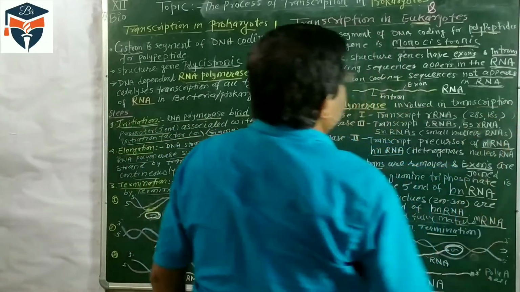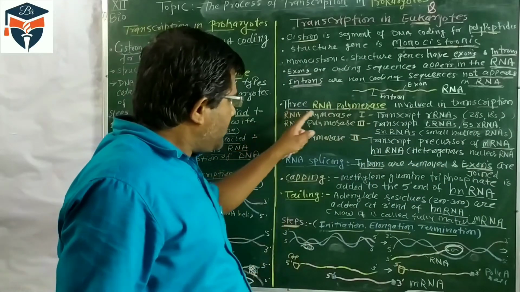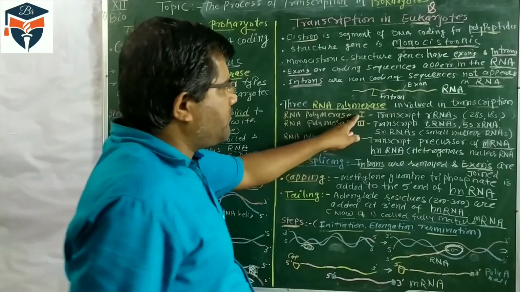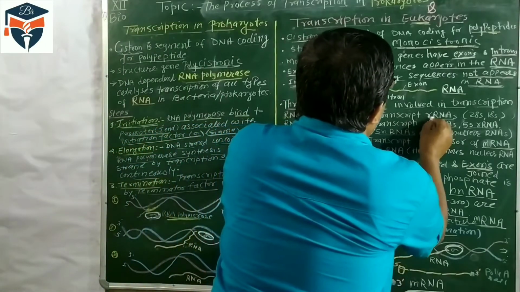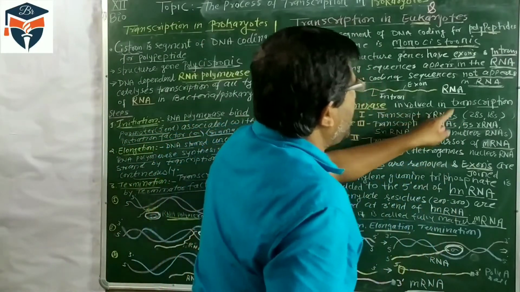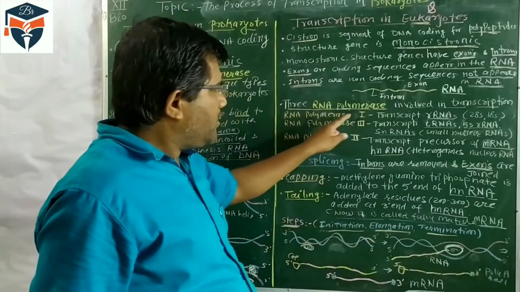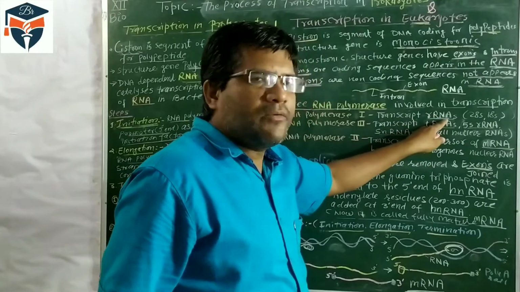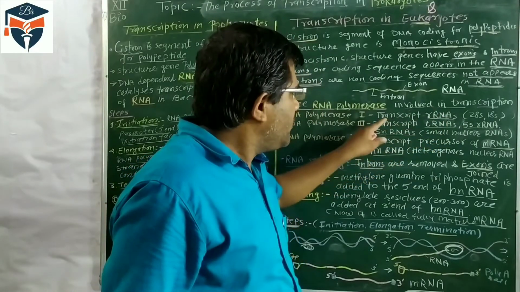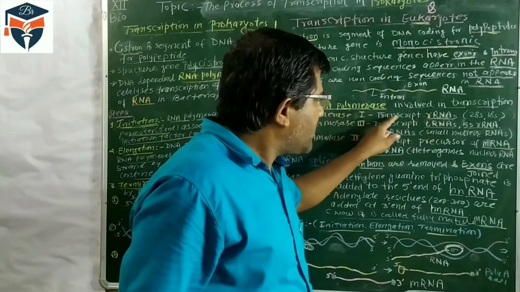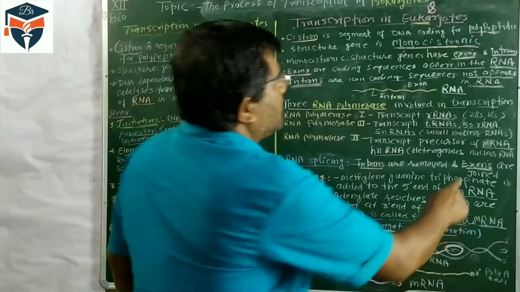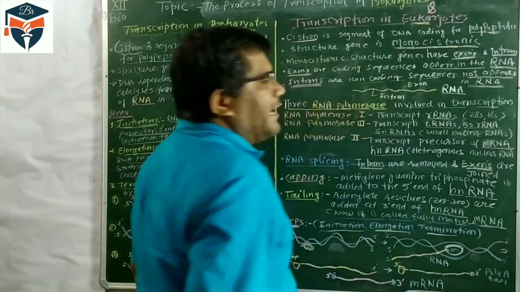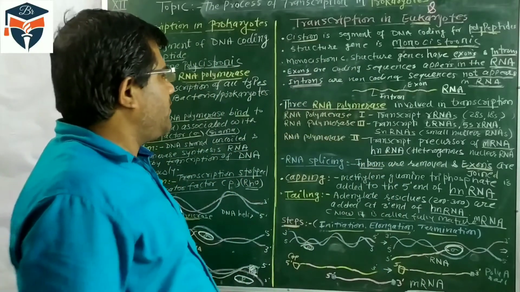Three polymerase enzymes. First one, RNA polymerase 1. What is its function? It forms the rRNA, it means it transcribes the rRNA. Later we will discuss rRNA. It transcribes 28S and 18S, this type of RNA.